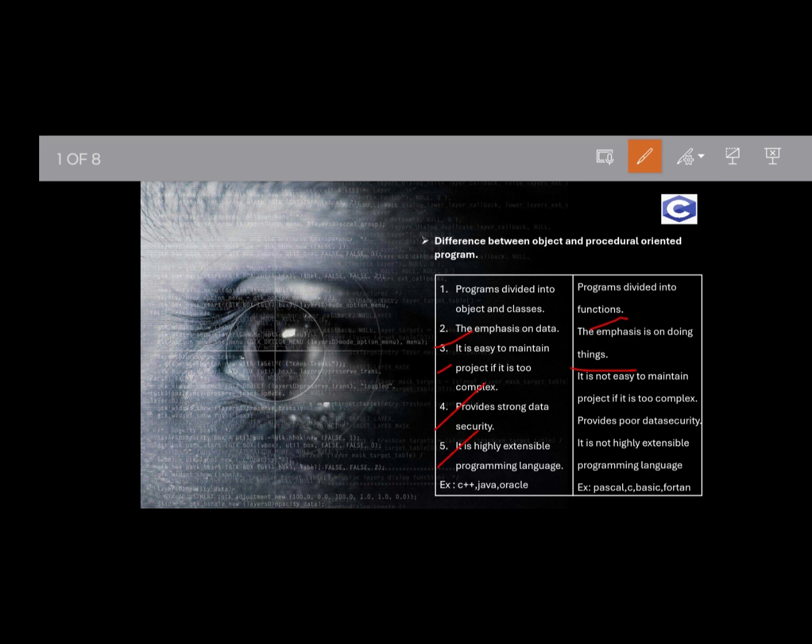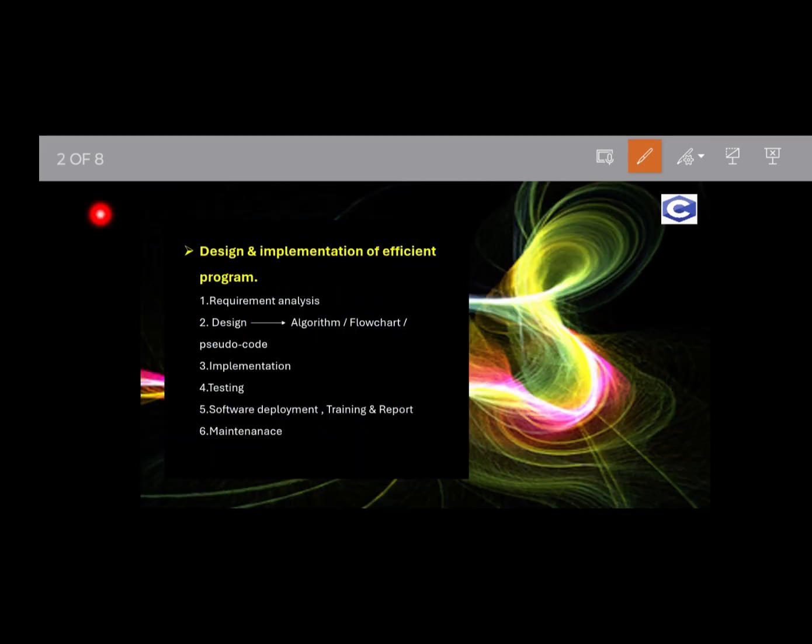And for procedure-oriented programs, it is not highly extensible. It is just limited. It doesn't have vast applications, but still it is the basic, or the strongest part, we can say, of programming languages.